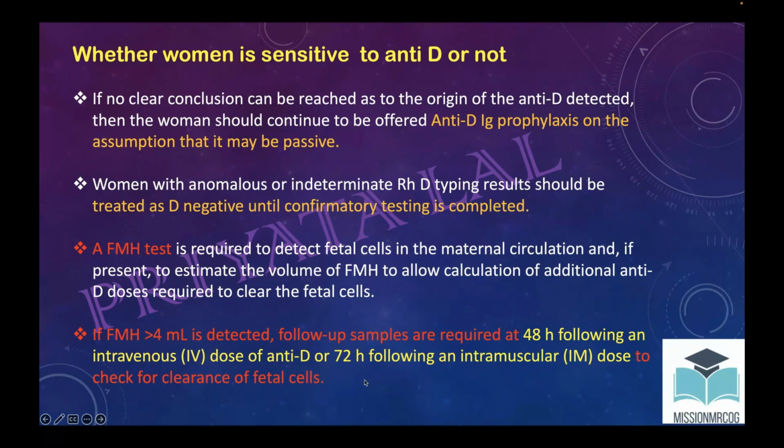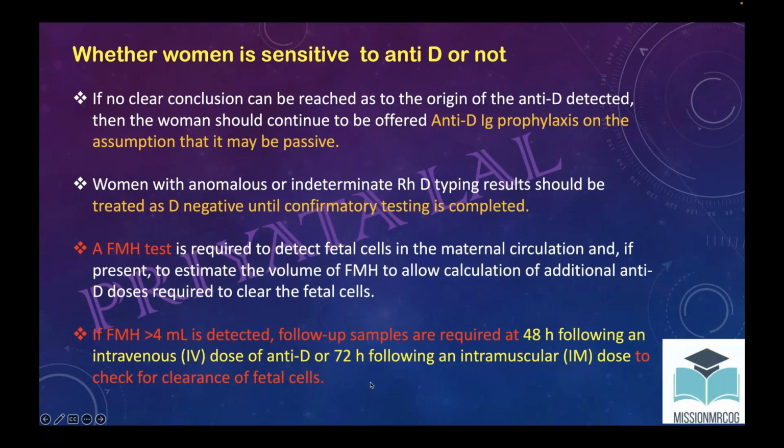Now, if the patient has received an NTD IV dose, then the test is to be done after 48 hours to find out whether more dose of NTD is required. But if the patient received the NTD injection IM, then to check whether the cells are cleared or not, the sampling is to be done 72 hours after giving NTD.